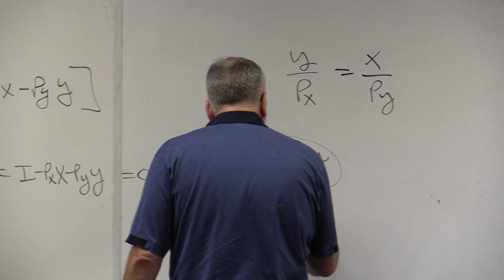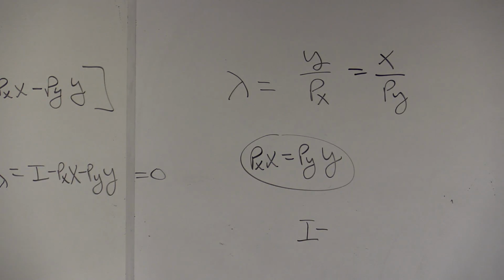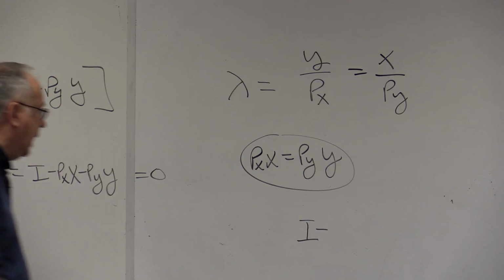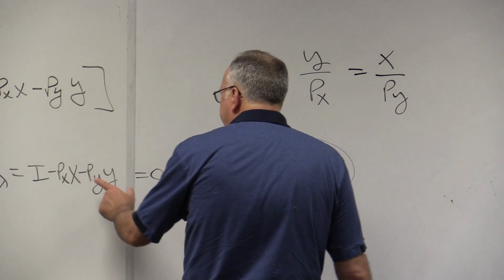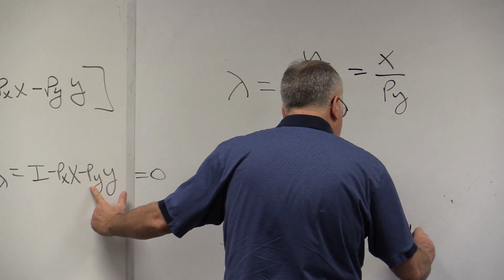And this constraint right here says I. Now in this case, let's suppose we want to get the demand function for x. Then for pyy, we'll substitute pxx. So you get I minus pxx minus pxx equals 0.